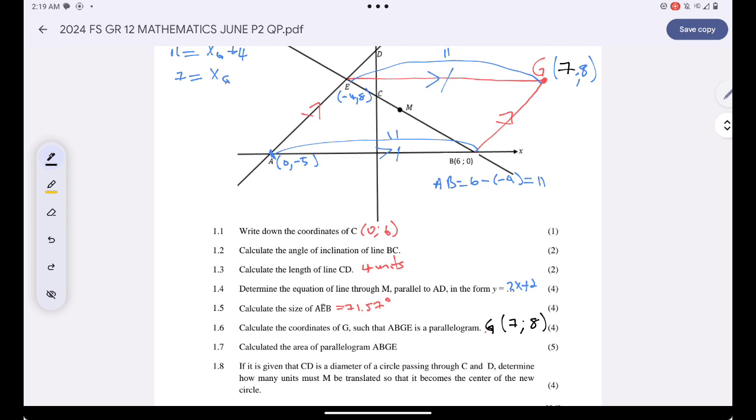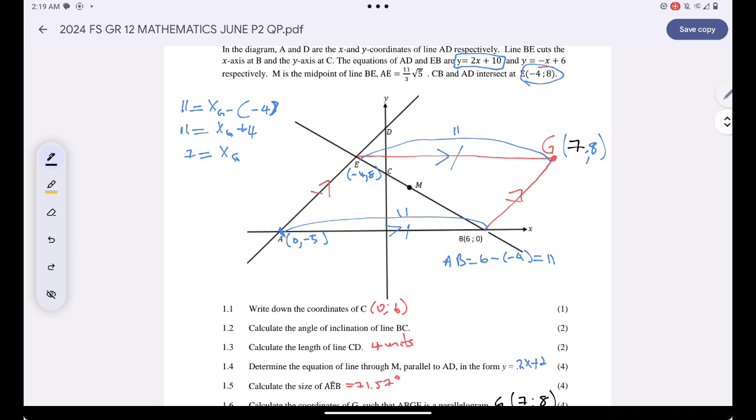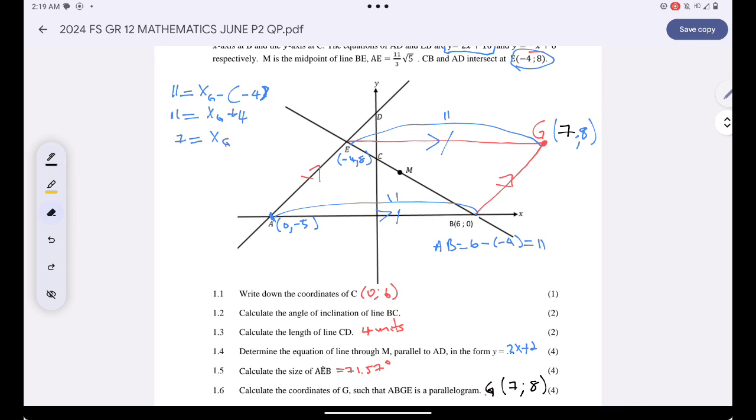Calculate the area of the parallelogram. The area of a parallelogram, guys, is always the base multiplied by the perpendicular height, right?